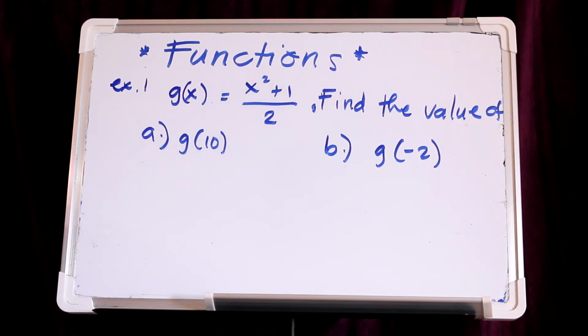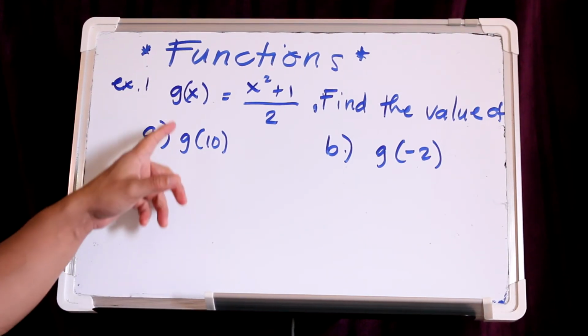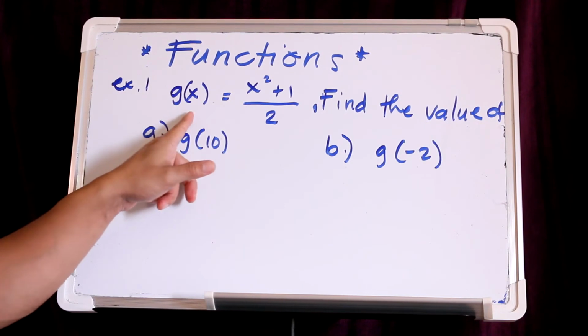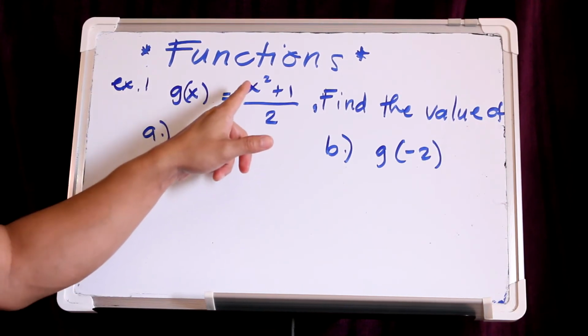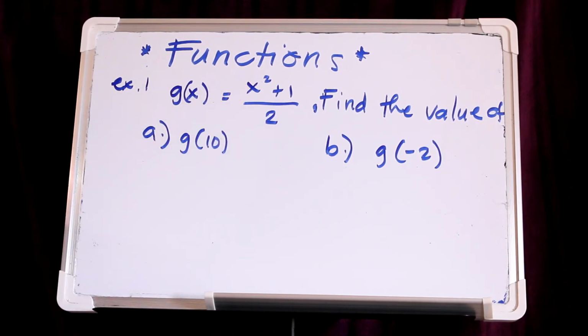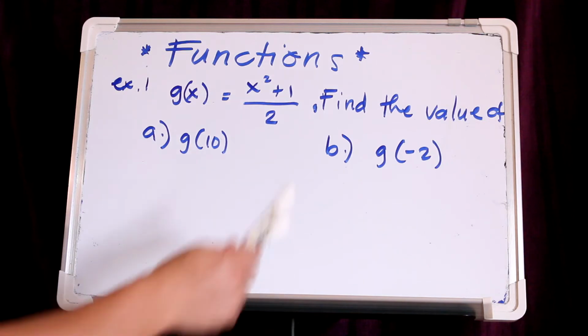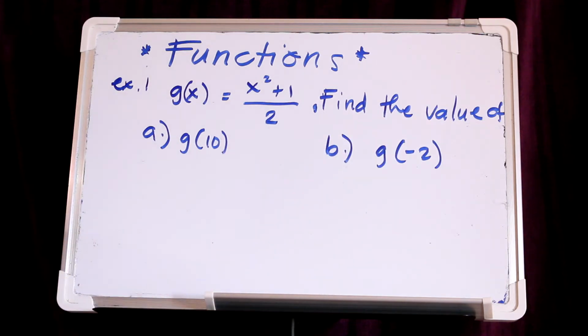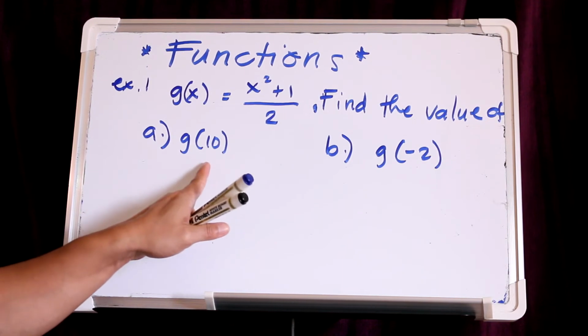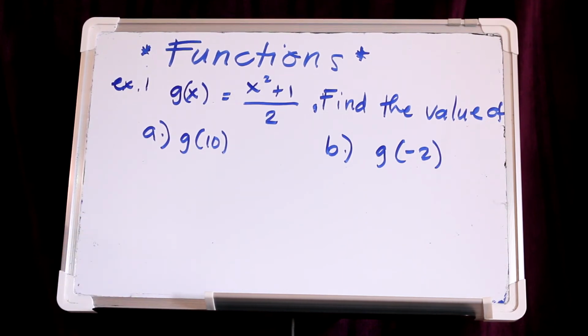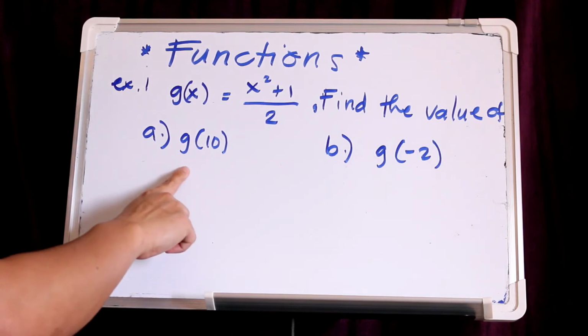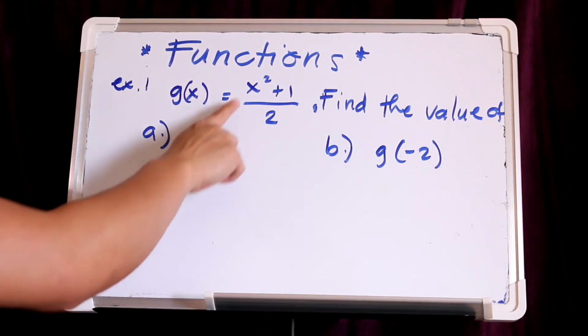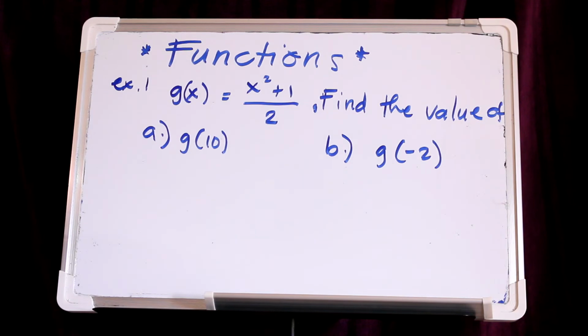Okay, so let's find the values in the function. Alright, so I have here example number 1, g(x) equals (x squared plus 1) divided by 2. Find the value of g(10). What it means is that we are going to substitute the x with 10.